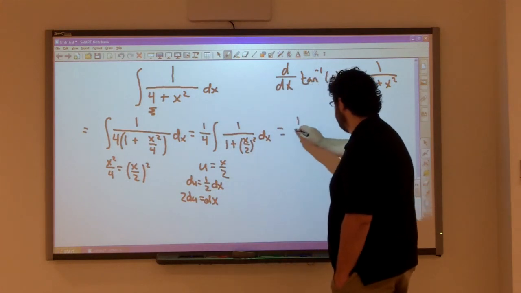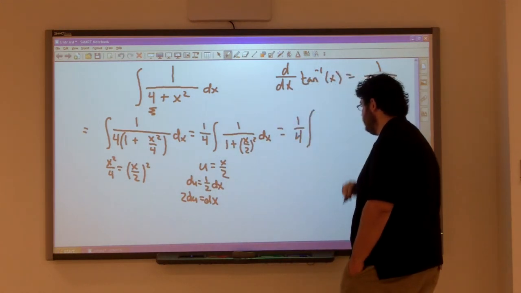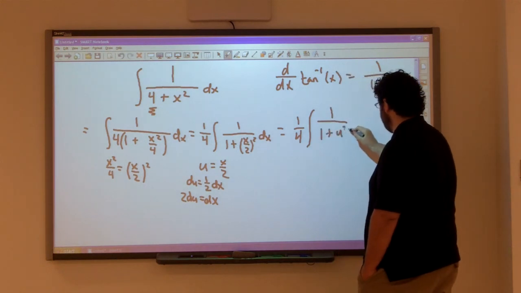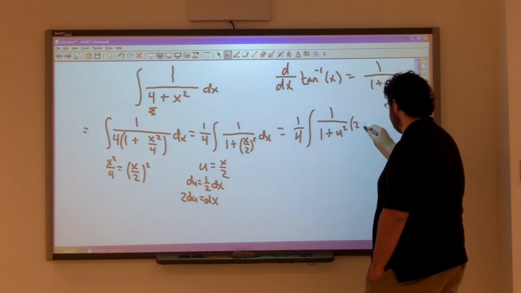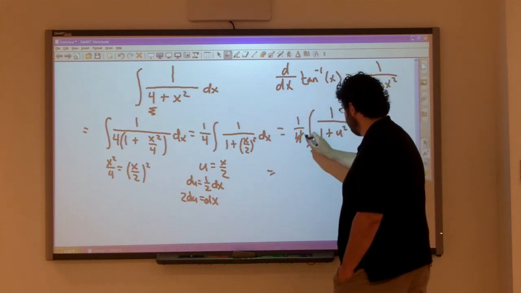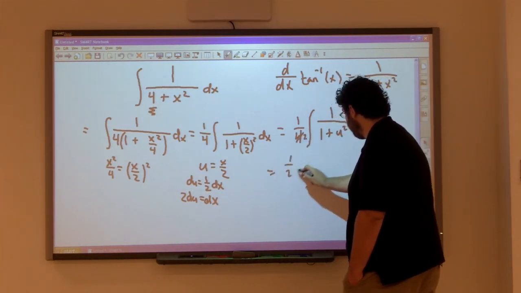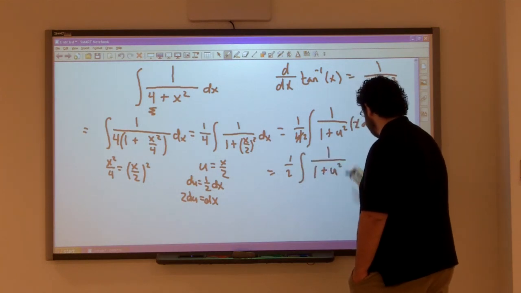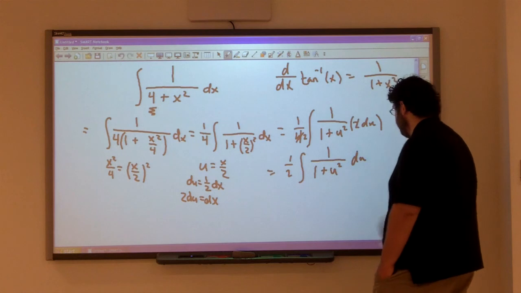So let's write this as 1/4 integral of 1 over 1 plus u squared times 2 du. So this 2 will cancel with that to make that a 2. So we have 1/2 integral 1 over 1 plus u squared du.